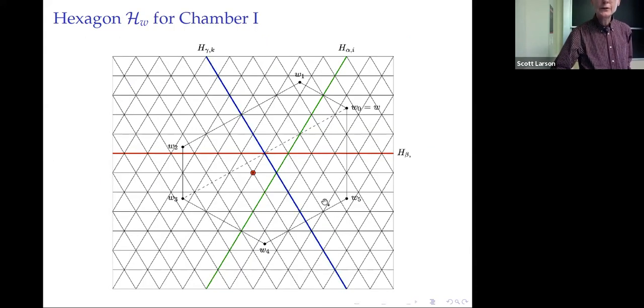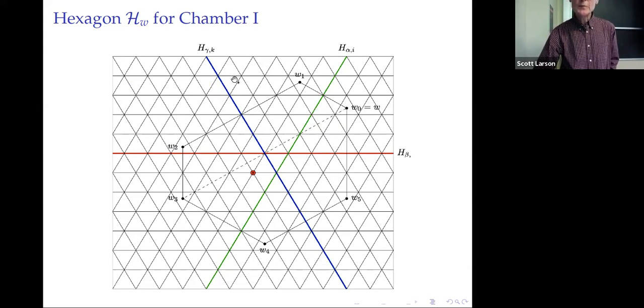So this is a picture for an element W. Here's an element W in chamber 1. We get the elements W1 and W5 by reflecting across the hyperplanes that are the boundaries of the chamber.